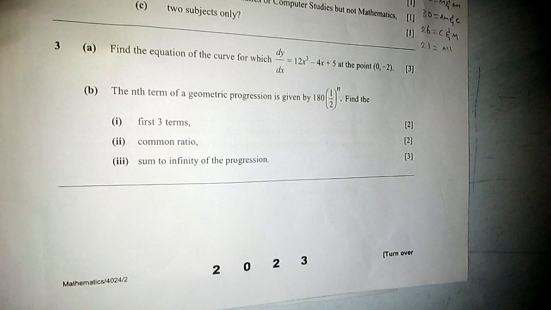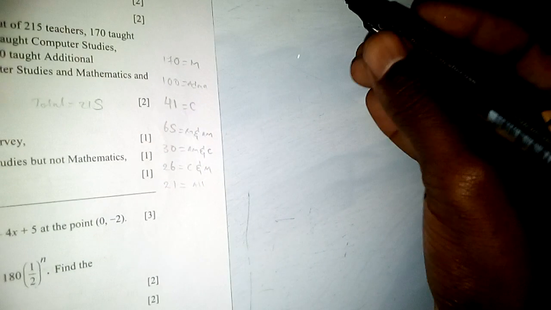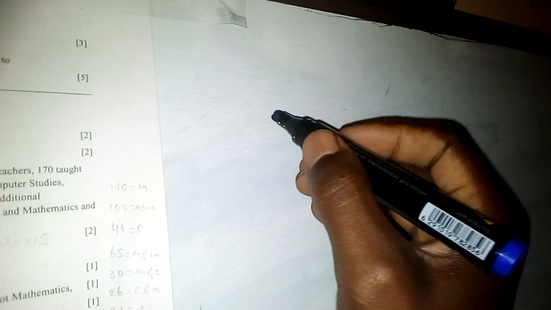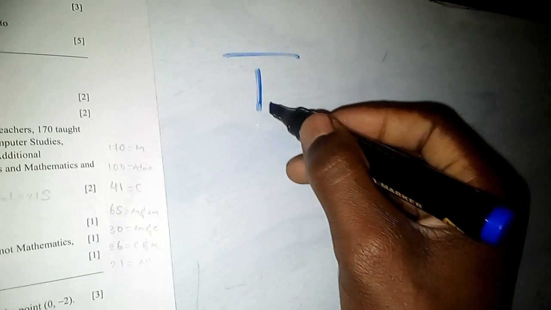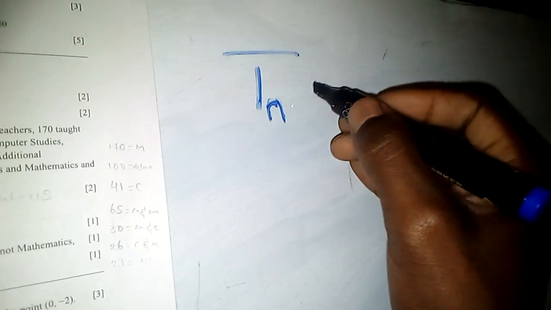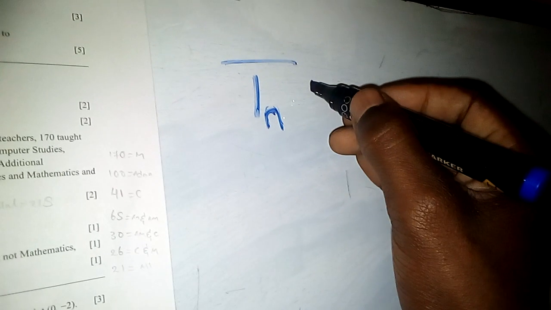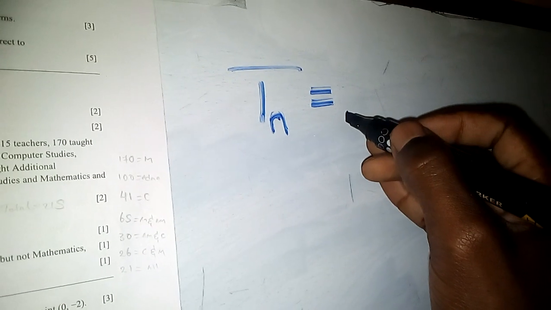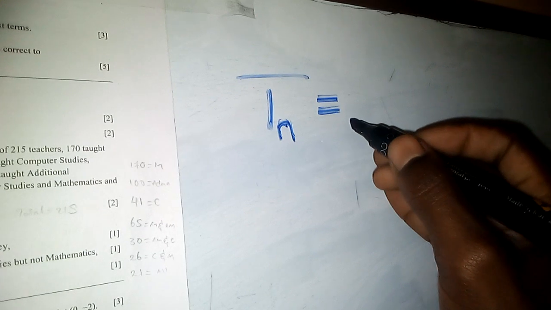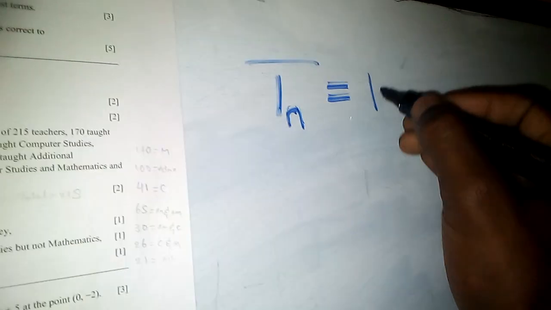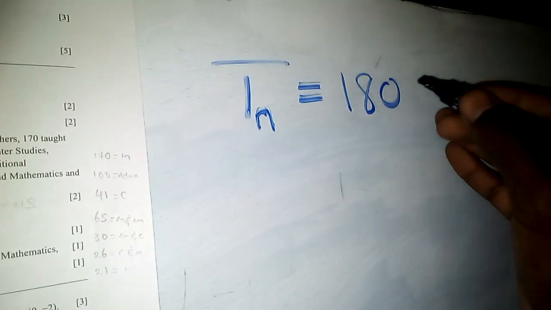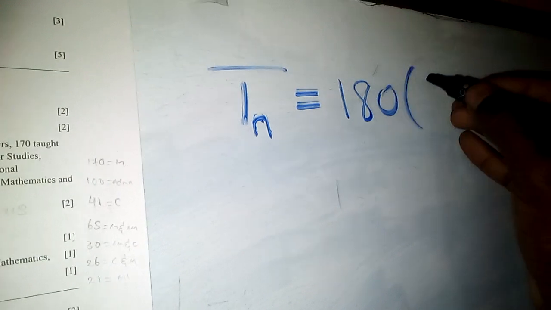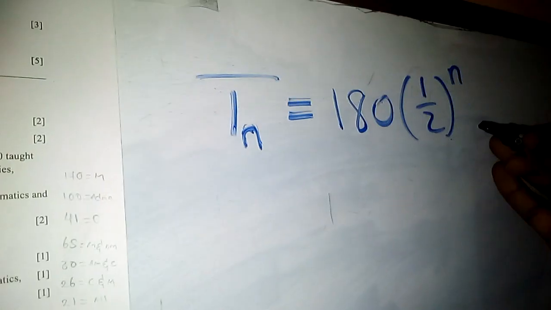Take note, the nth term of the progression is 180, we open the parenthesis, 1/2 to the n power.